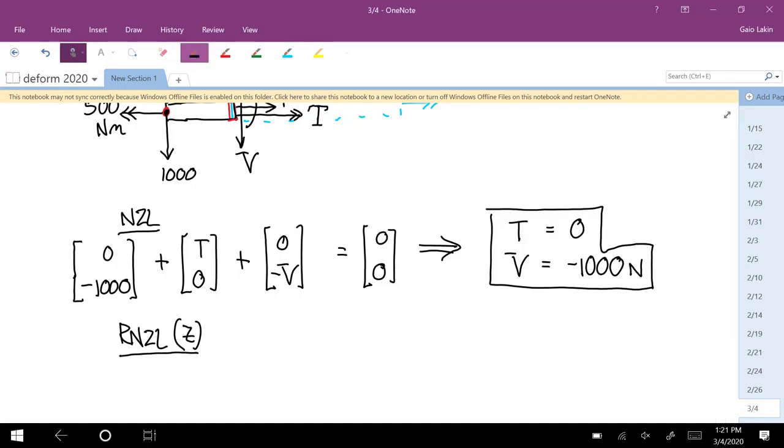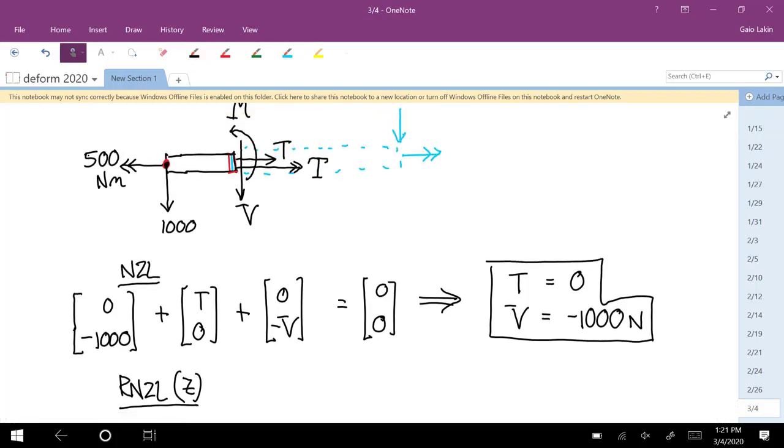Okay, so what produces moments about the z-axis with this as the about point? Not this one. That's in the negative x direction, right? That doesn't have any z component. Not this one, because it acts through the about point. What about the tension T?